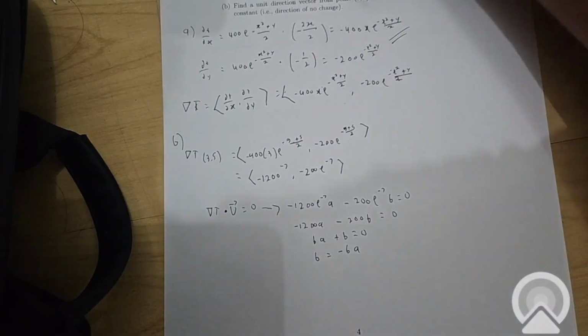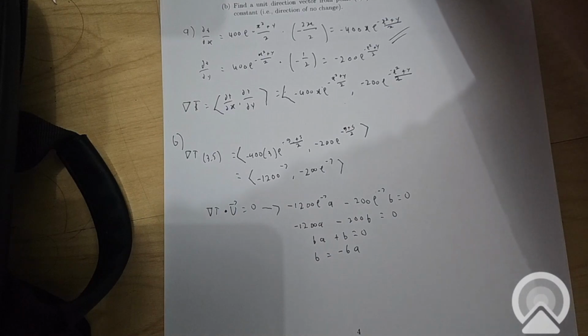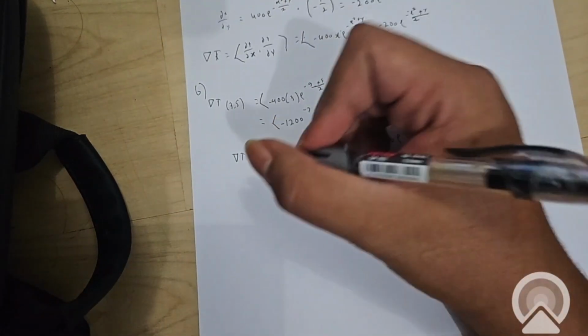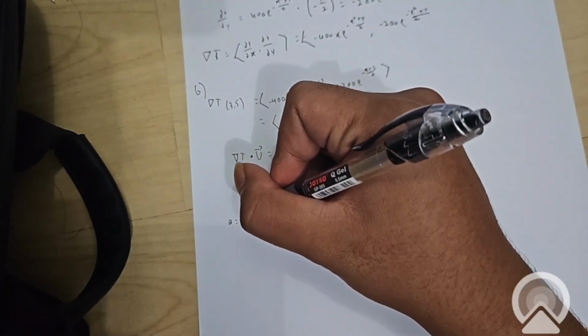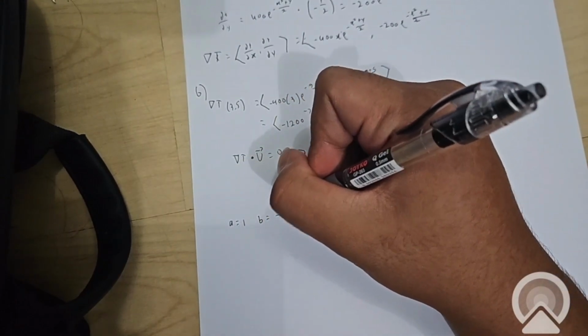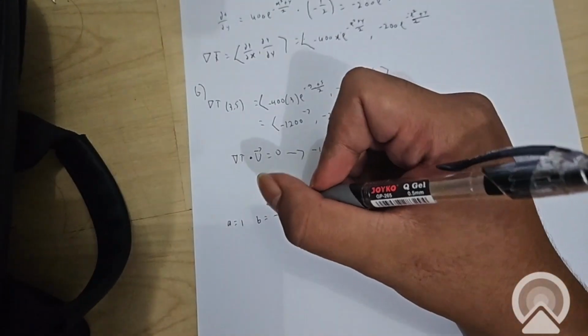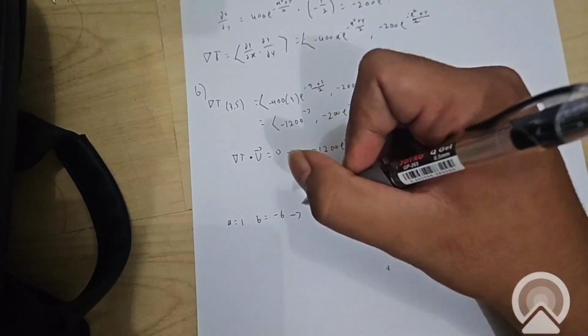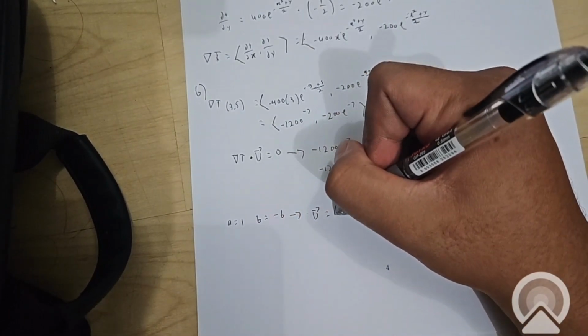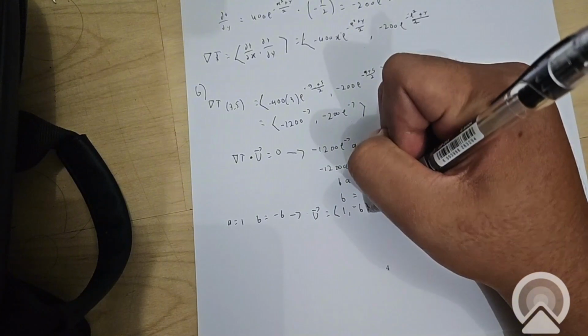So we choose a simple vector and normalize it. So a is equal to 1 and b is equal to minus 6. So u is equal to (1, minus 6).